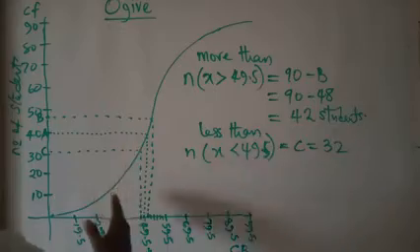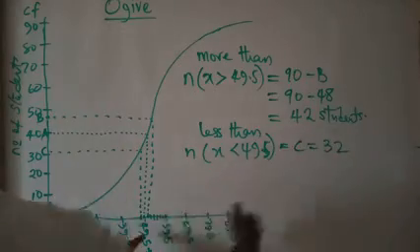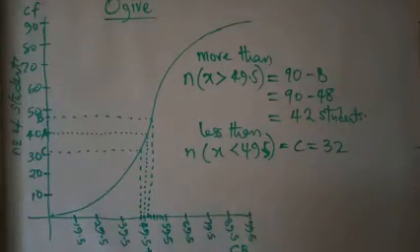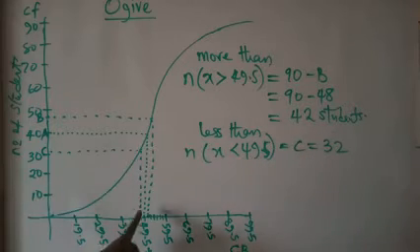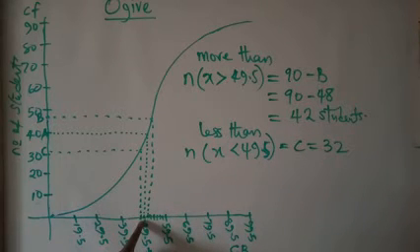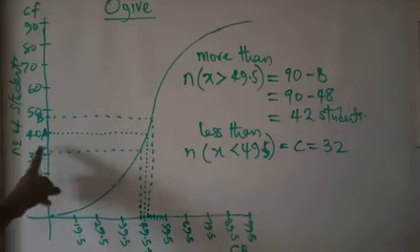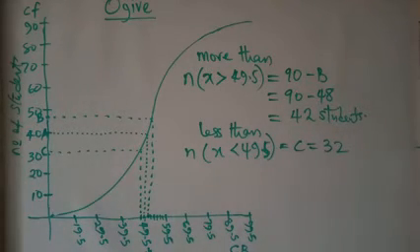For more than, just move a step forward to the right, then go to the region and pick it. For less than, just move down to the closest mark to what you have, and wherever you put your hand, that will be the answer.